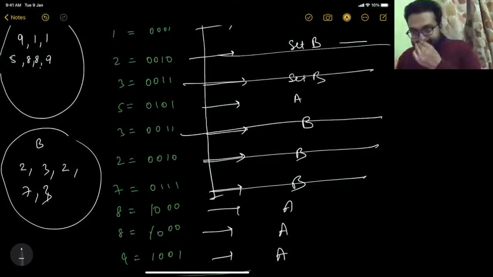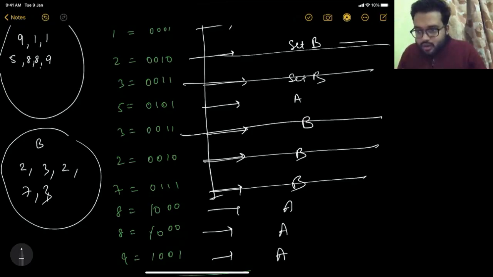Now, do you appreciate that apart from that number that I'm looking for, all the numbers in set A will exist in pairs? Can you guys appreciate this? I can make the same claim in set B as well. Apart from the number that I was looking for, all the numbers will exist in pairs.